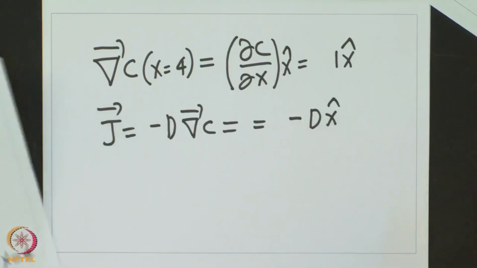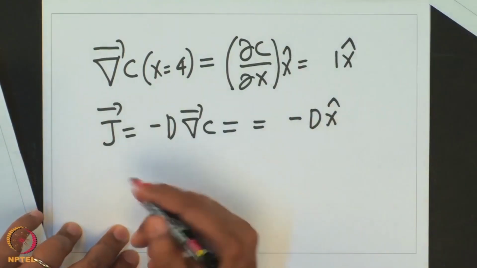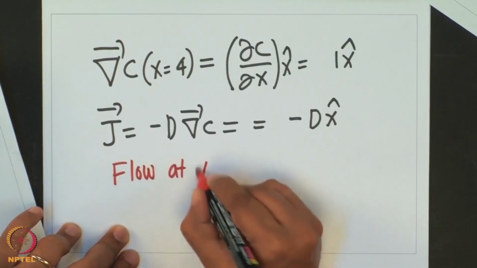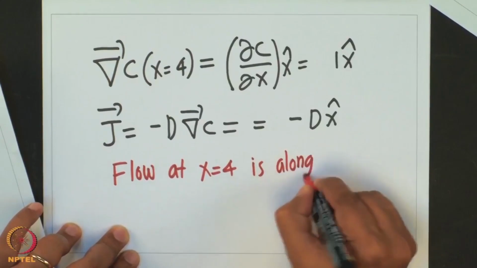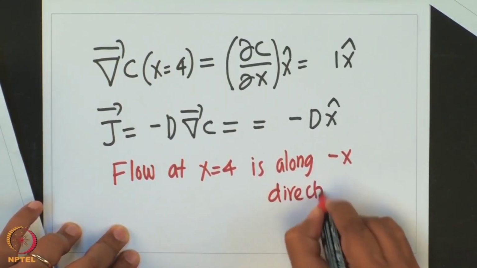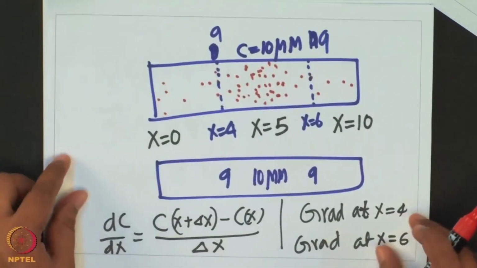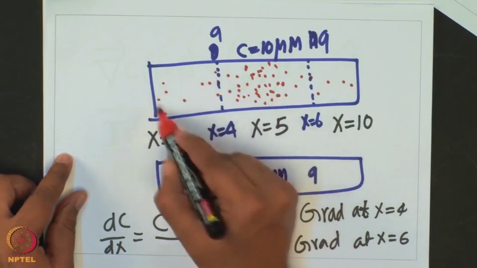This would say that diffusive flow at x equal to 4 is along the minus x direction, which is very much true. At x equal to 4, the flow will be along this minus x direction.